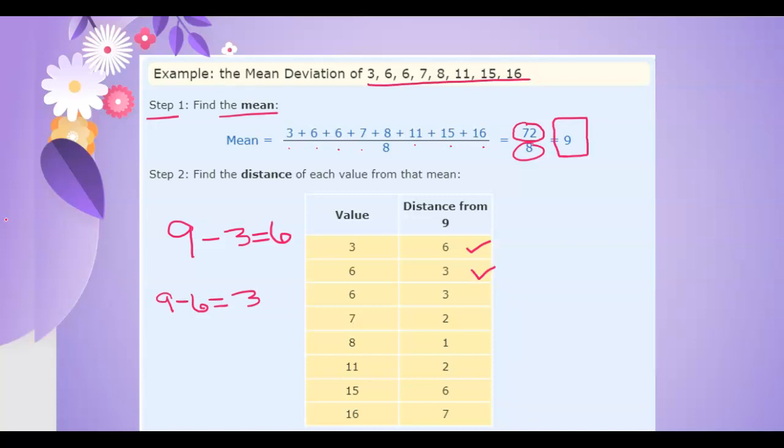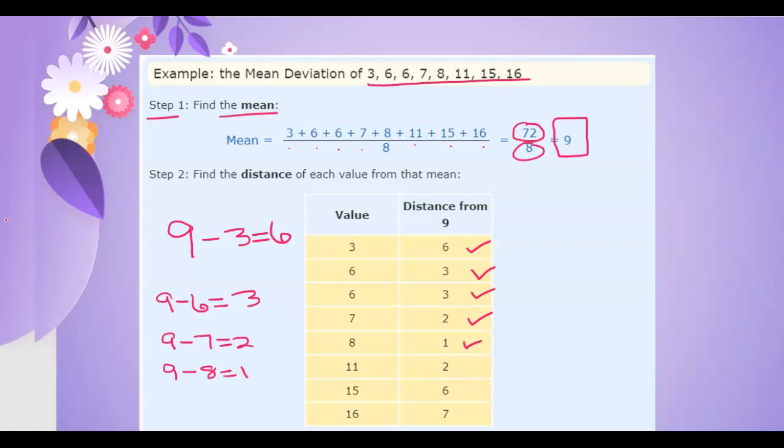I do 6 again. Now, our next data value is 7, I'm sorry. That is 2 bunny hops away. Do you see what I'm doing? I'm subtracting all these numbers from 9. 9 minus 8 is 1 bunny hop away.